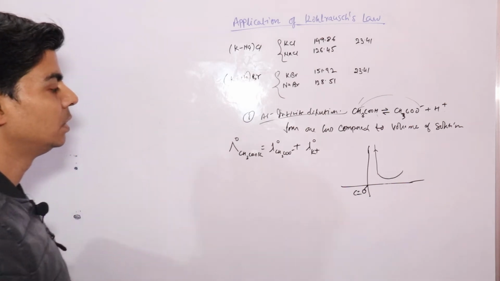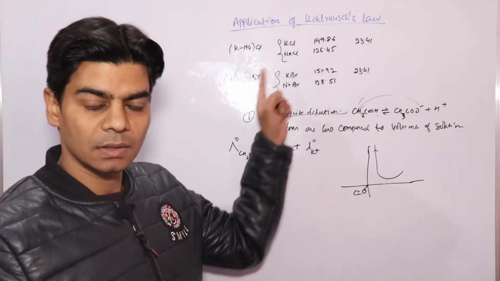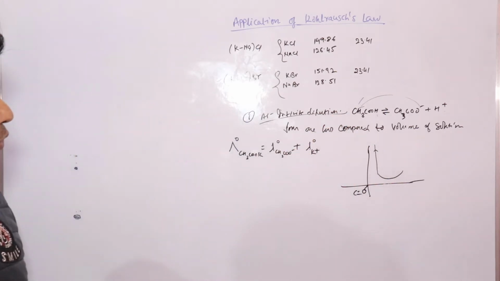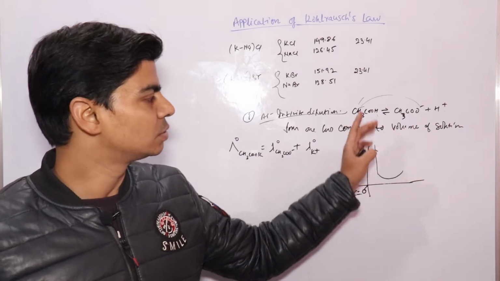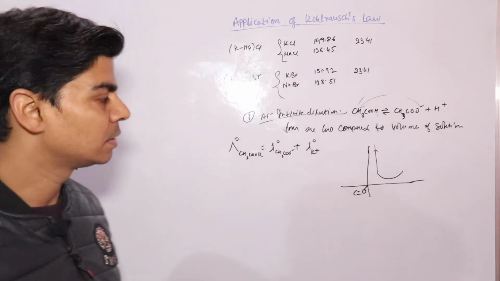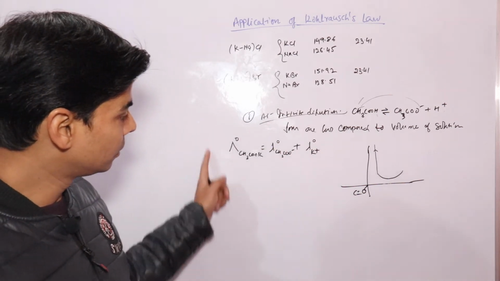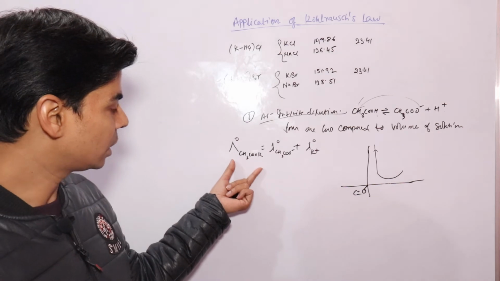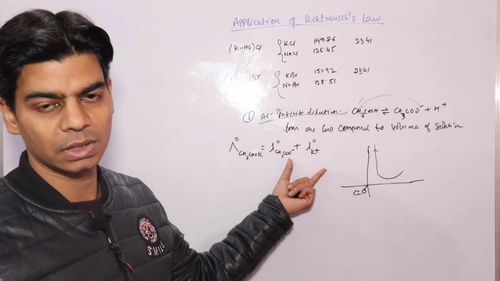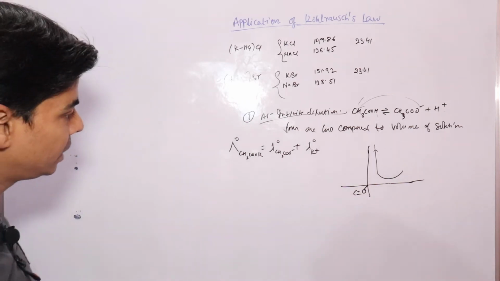So we will use this conclusion to calculate the molar conductance of weak electrolytes, because as per Kohlrausch's law, molar conductance is equal to the sum of ionic conductances, and these ions are moving independent of one another.